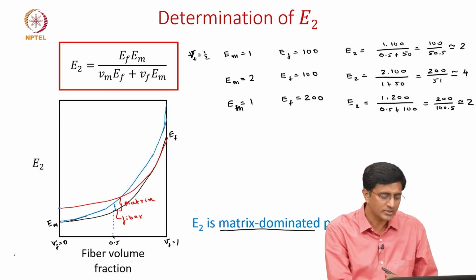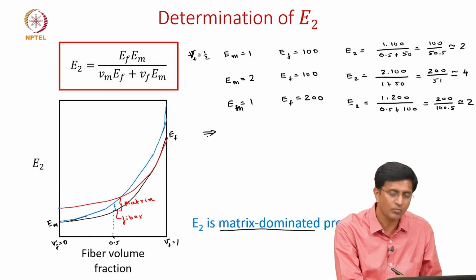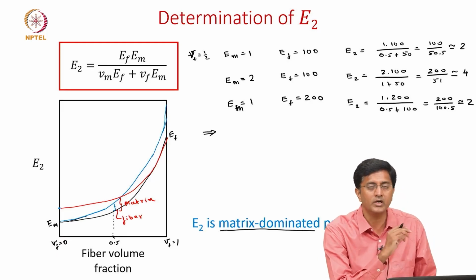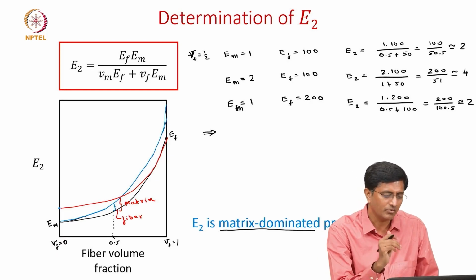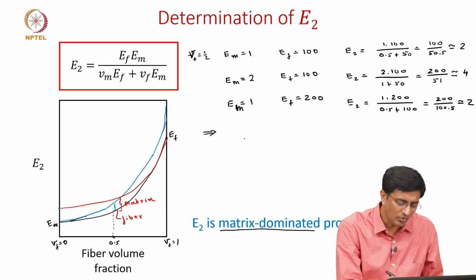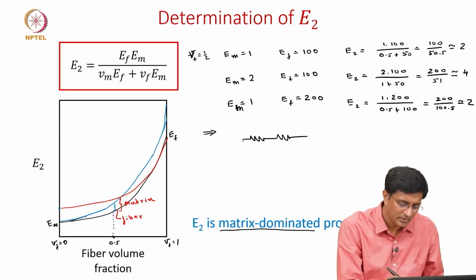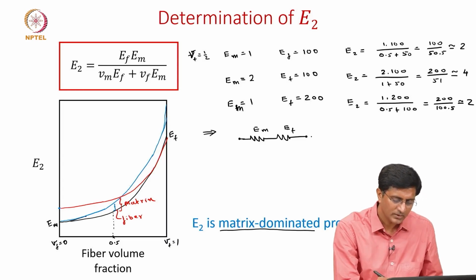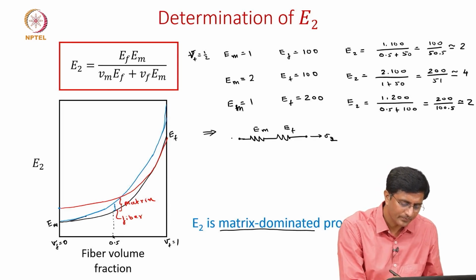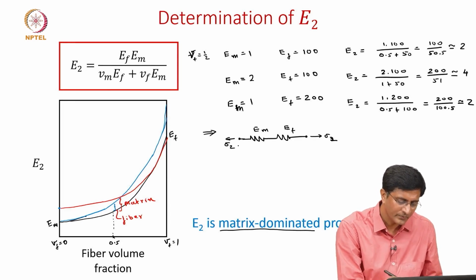Now let's also look at the spring model, as we did for E1. Earlier we said for E1 all the springs were in parallel, but if we are looking at E2, we should say that these springs are in series, the matrix and the fiber. Let's say this is the matrix and this is the fiber, and the applied load is sigma 2.